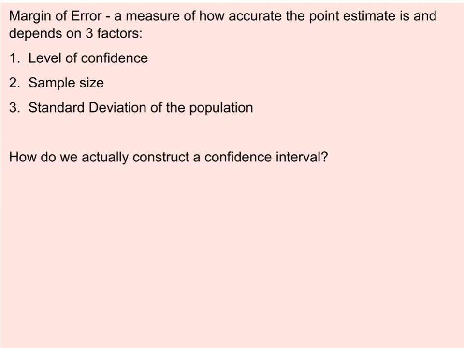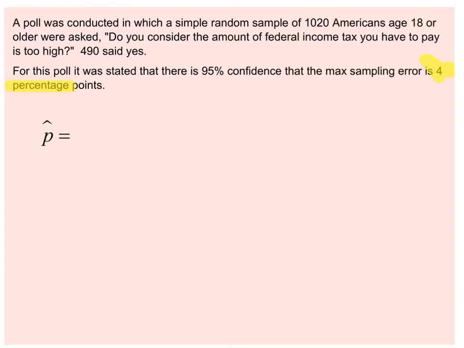But how do we actually construct a confidence interval? Let's look at that in this next example. So we go back to the 1,020 Americans age 18 or older. 490 of them think that the amount of federal income tax they have to pay is too high. And there is a 95% confidence that the max sampling error is 4 percentage points.